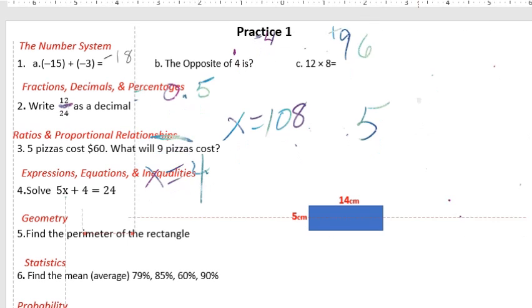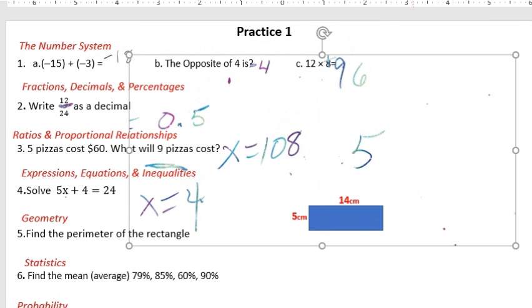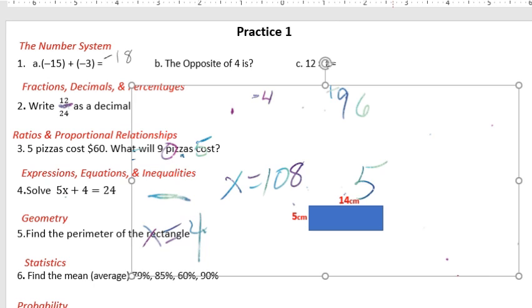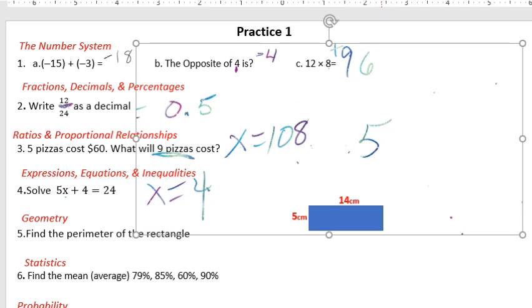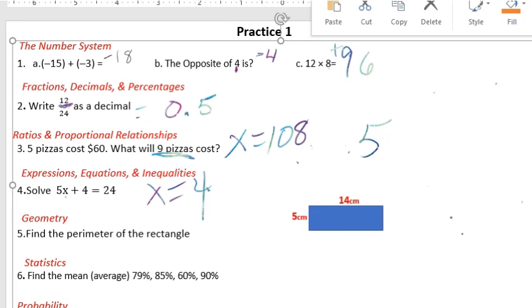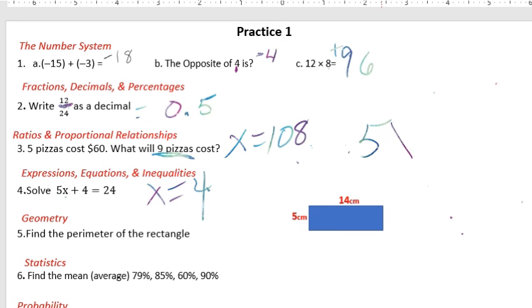So I'm going to do 5 times 4 plus 4, and that should equal 24, all right?